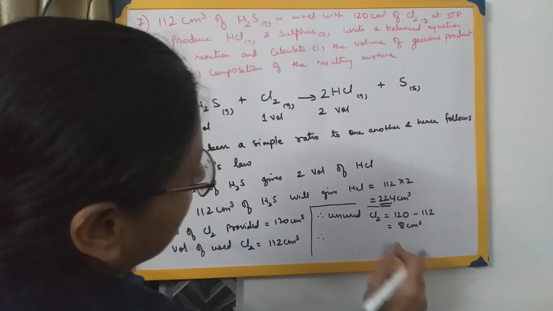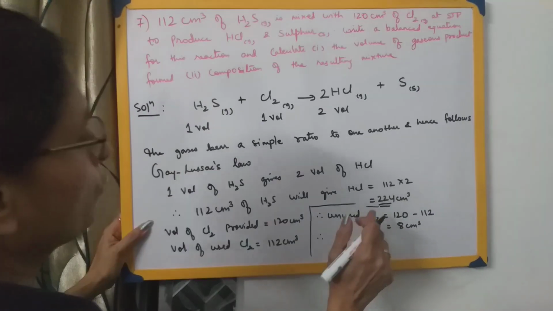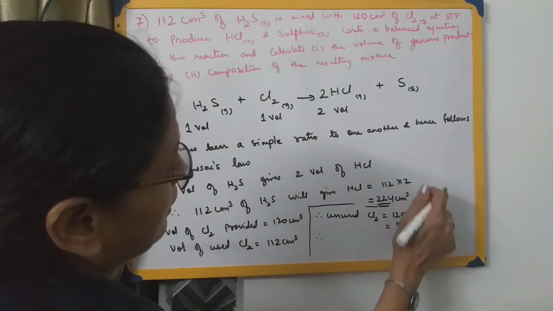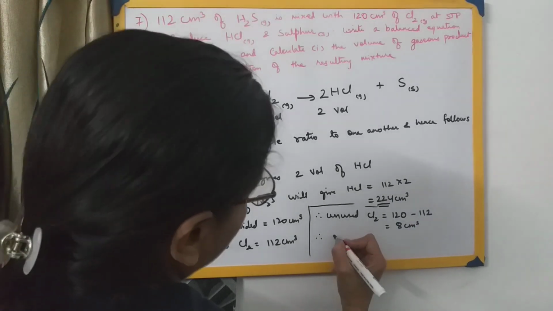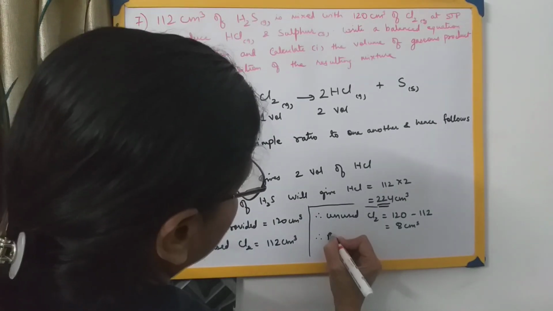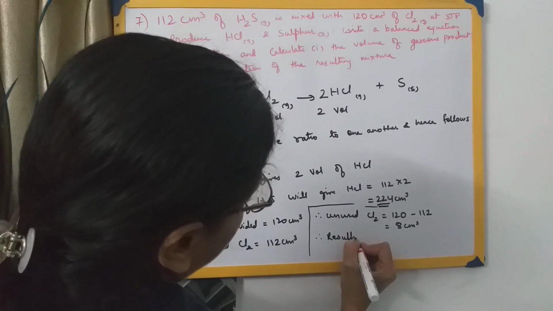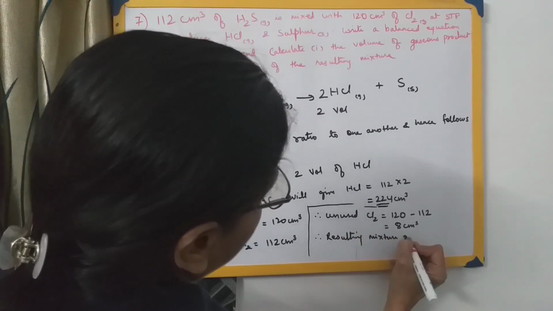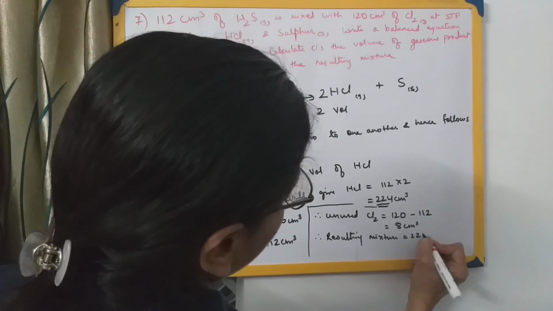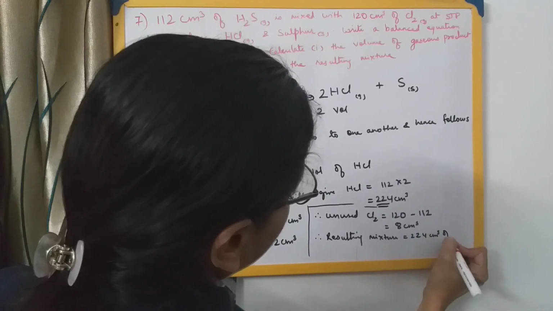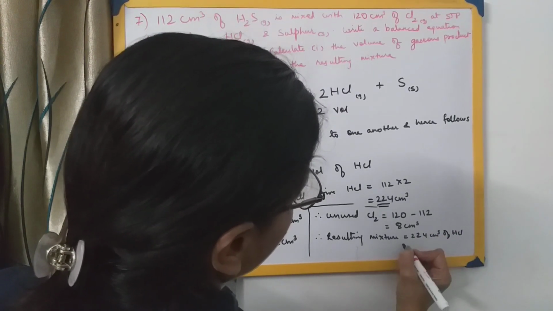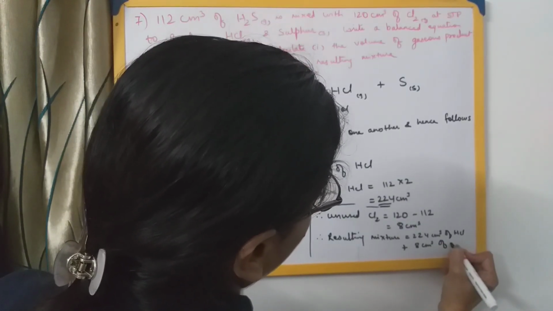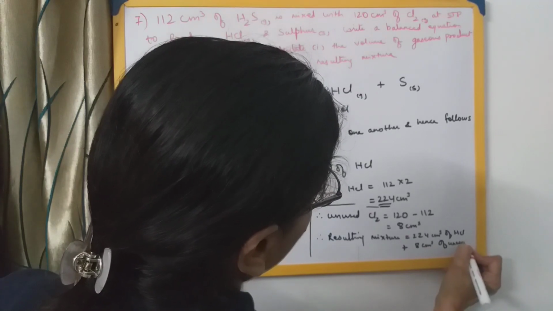Therefore, we are getting unused chlorine, and we are getting this volume of hydrogen chloride formed, that is 224 cubic centimeter. So these two will make up the resulting mixture. Therefore resulting mixture is equals to 224 cubic centimeter of HCl plus 8 cubic centimeter of unused chlorine.